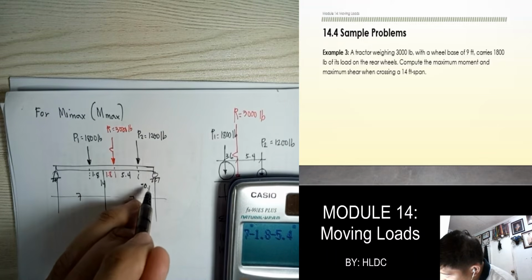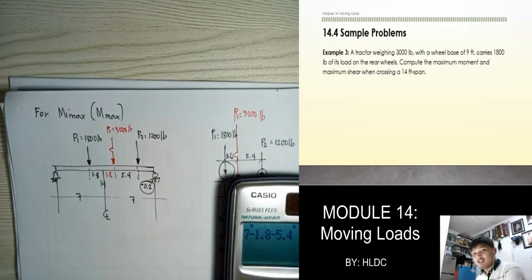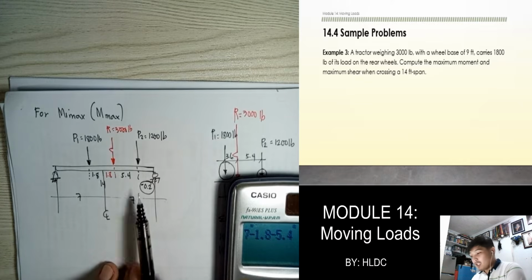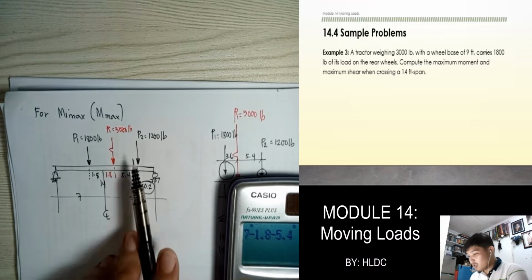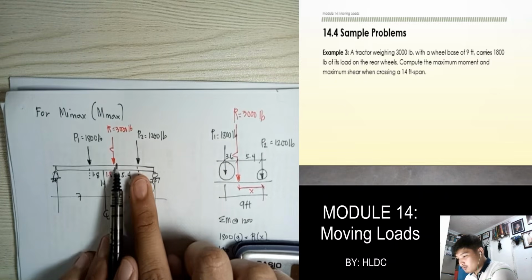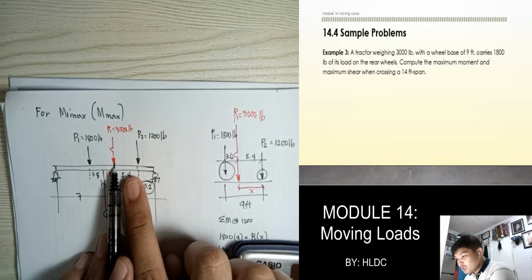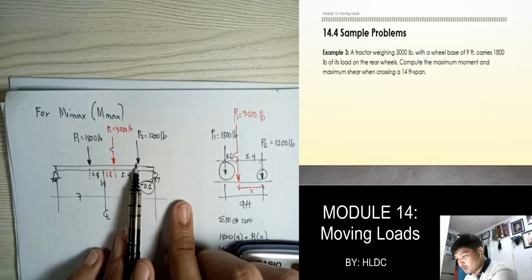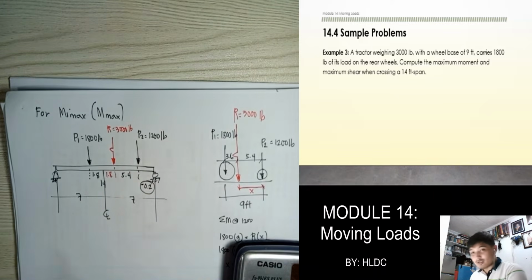Negative 0.2. Gets ba yun, class? Negative pala ito. Ibig sabihin, kapag nilocate natin yung P1 at saka yung resultant ng ganitong orientation, yung isang gulong is nasa labas na.